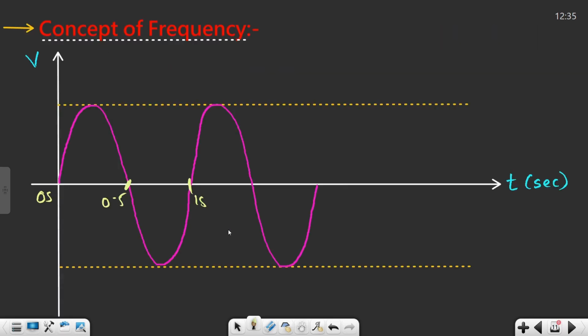The frequency is 1 hertz. Why? Because at 1 second we are getting just one waveform. One entire waveform I'm talking about, not just the positive half or negative half, but both the positive and negative half. So at 1 second we are getting only one waveform.